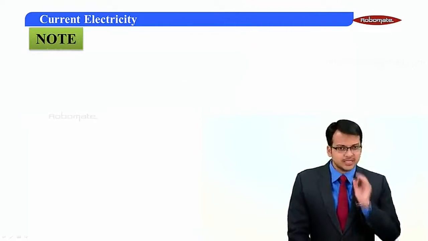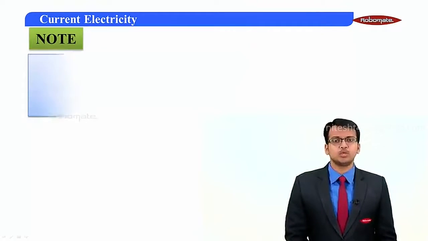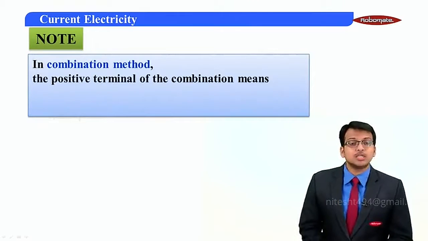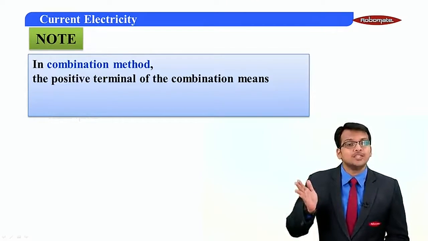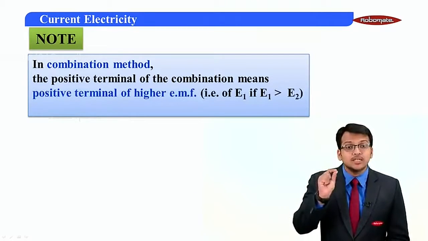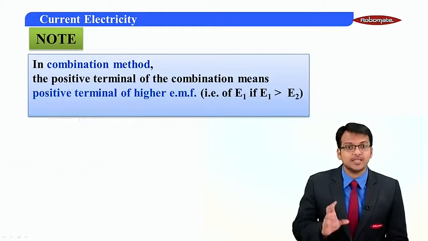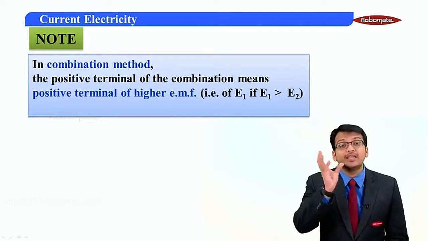Perfect. Now, there is a note, dear students. What you are supposed to remember is that in the combination method, the positive terminal of the combination, the positive terminal of E1 plus E2, we know that. But which one? It has to be that of the greater EMF.